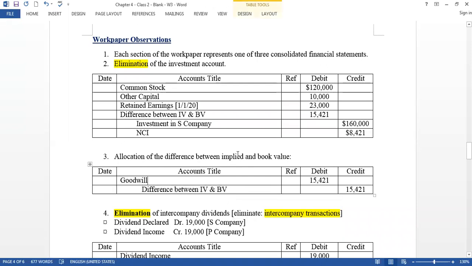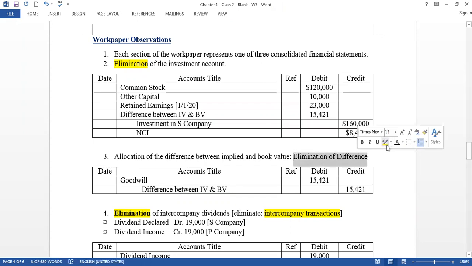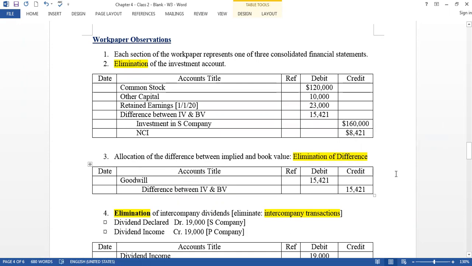So 2, 3, and 4. This is also elimination of difference. So 2, 3, 4 are the eliminating journals, right?